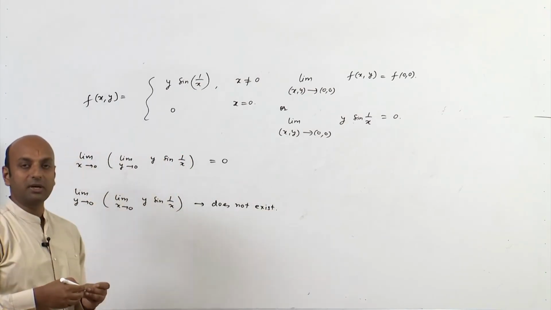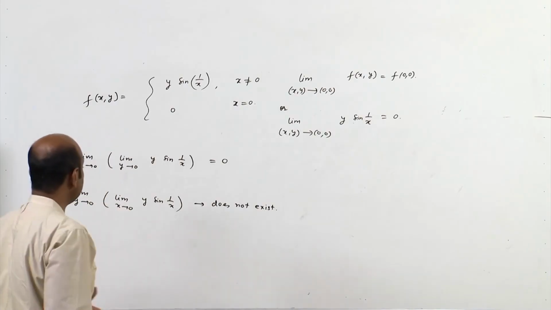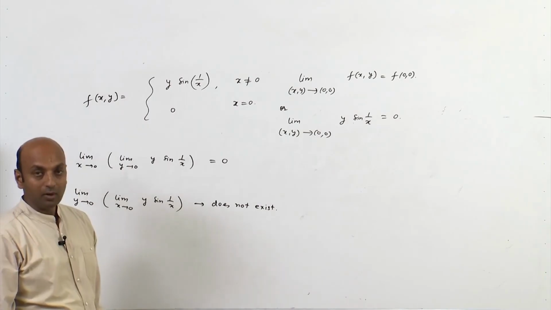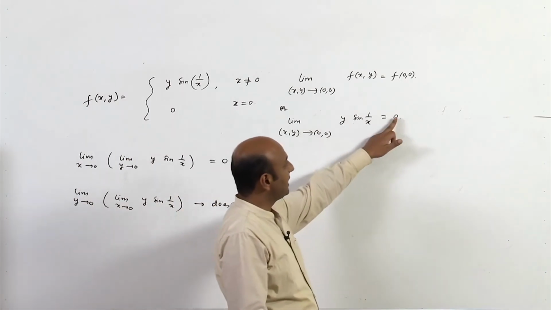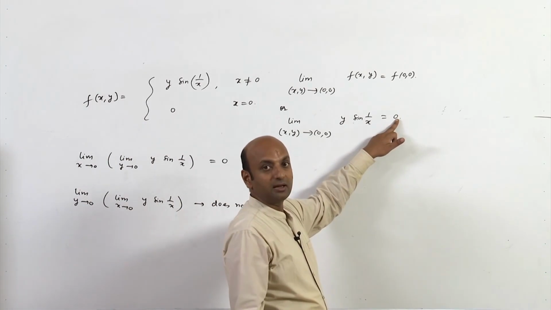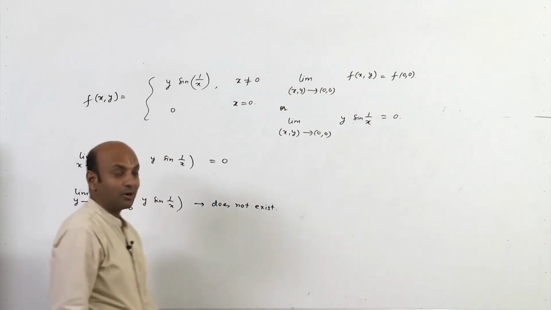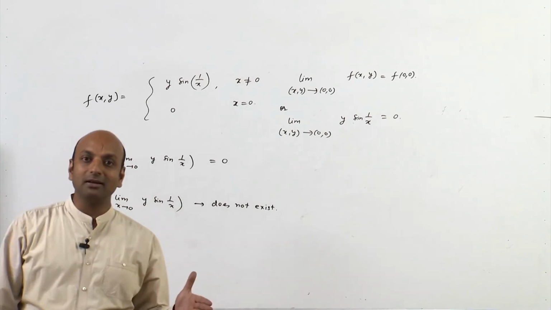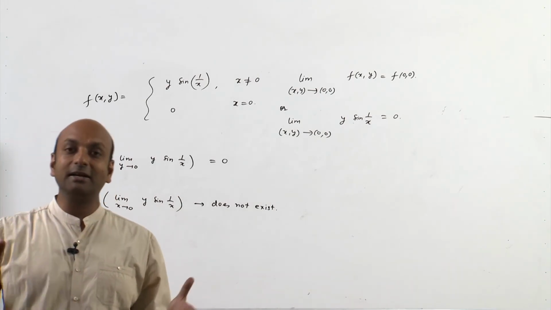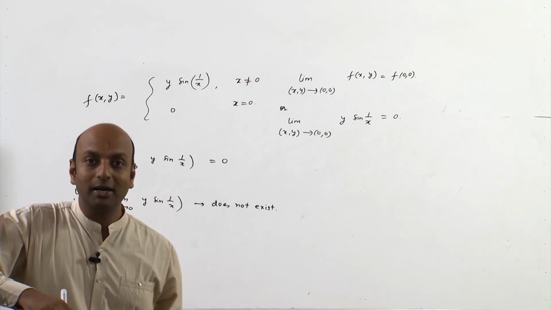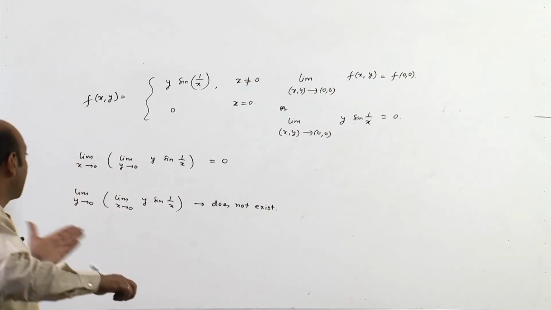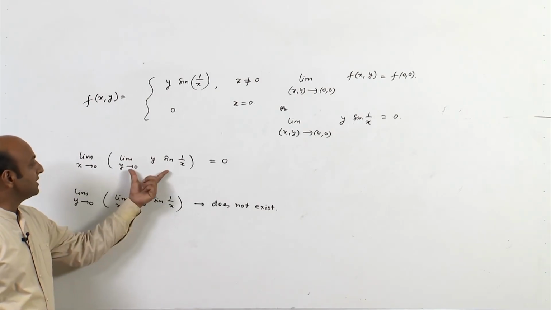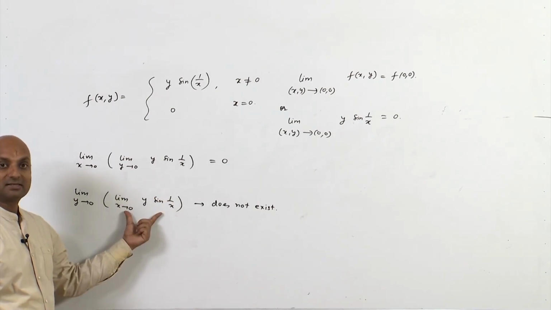Basically, what I want to say from here is that you see these iterated limits are not equal, are not the same. Still the double limit exists and is equal to 0. Why? The reason is simple: the implication that if the double limit is L, then the iterated limits also exist and are equal to L, will hold only when the inside limit exists.